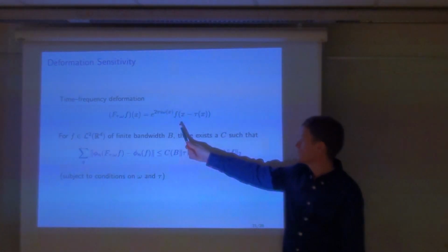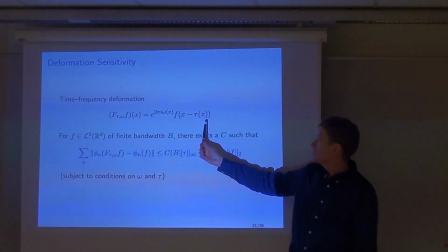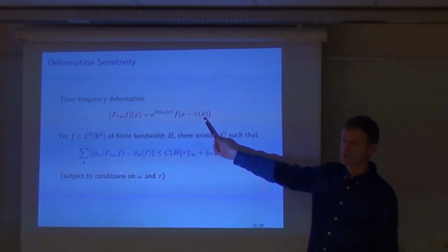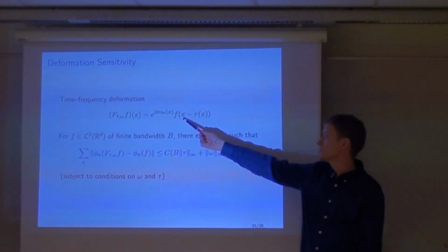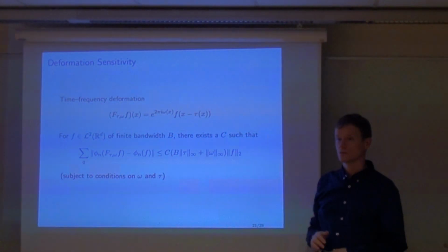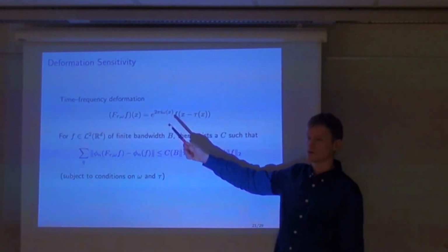Defined like this: you take f, you translate by something that can depend on x. If you want this to be time, then it's a non-linear time shift, and a possibly non-linear frequency shift outside.